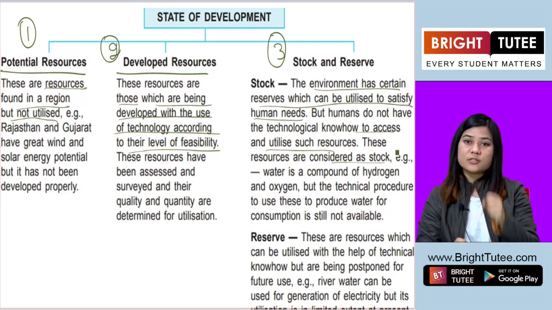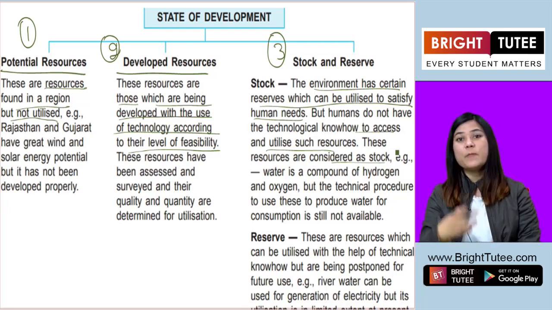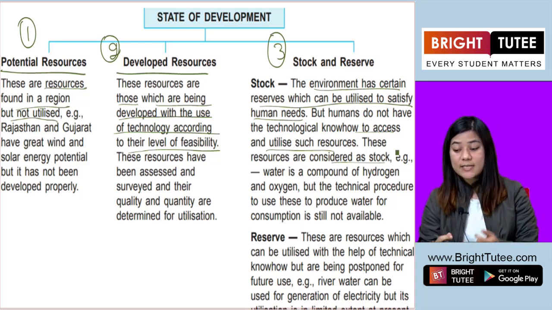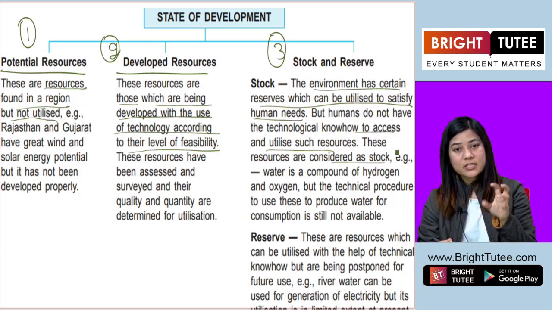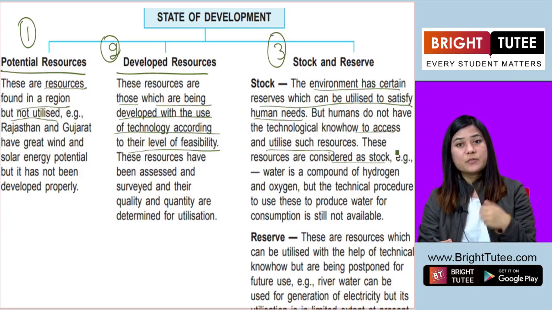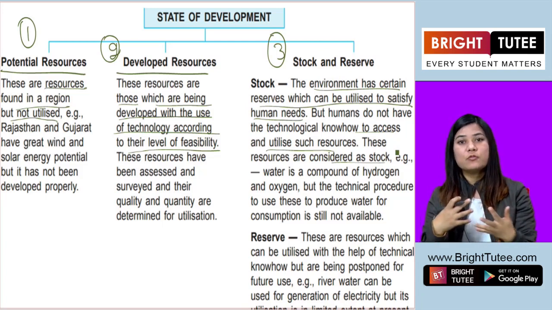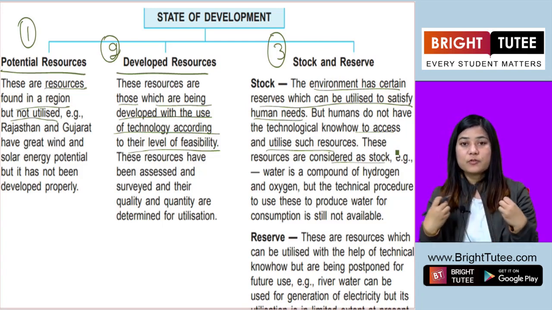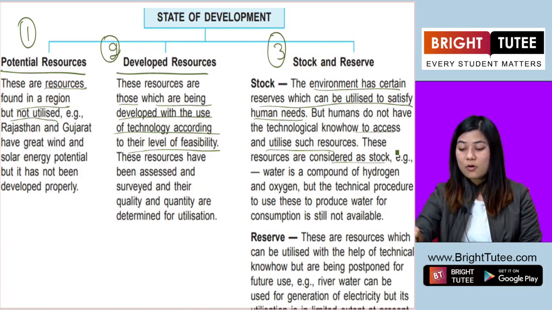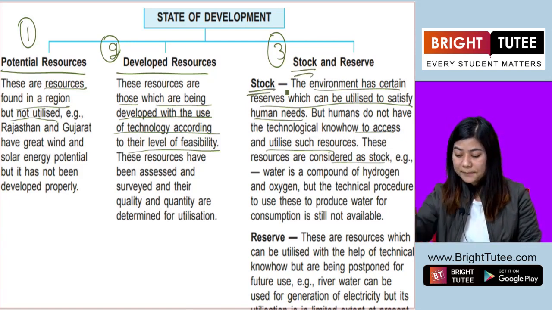We know that a resource becomes a resource only when it can be used by us for our activities, right? But those resources which we need, but cannot use because we don't know how, or we have not yet discovered the tools to use them, are called stock.